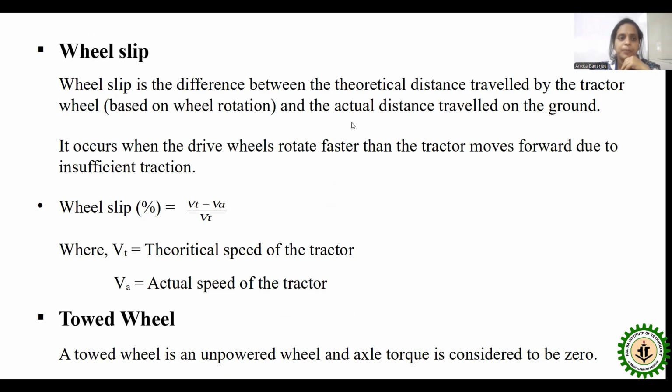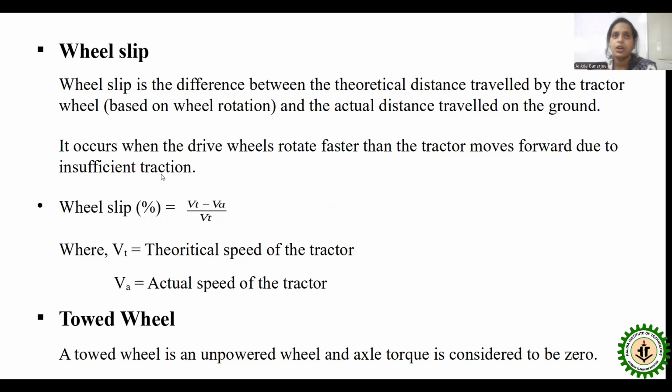Next, wheel slip. What is wheel slip? Wheel slip is the difference between the theoretical distance traveled by the tractor wheel and the actual distance traveled on the ground. Okay, it occurs when the drive wheels rotate faster than the tractor moves forward due to insufficient traction.